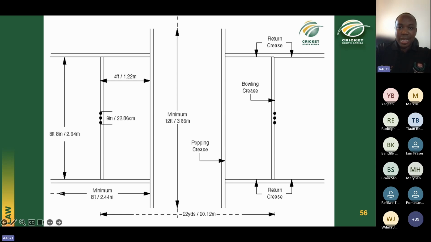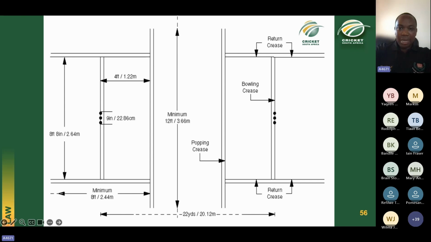We have now learned that the crease that is on the far right or the far left of the stumps is called the return crease on both sides, and the two return creases are 2.64 meters away from each other. That is the width of the bowling crease.